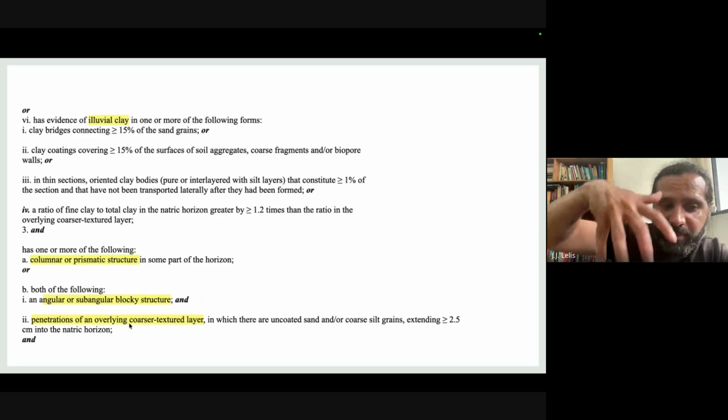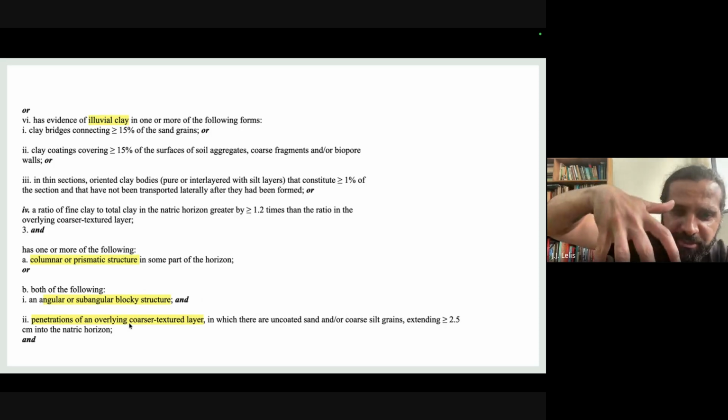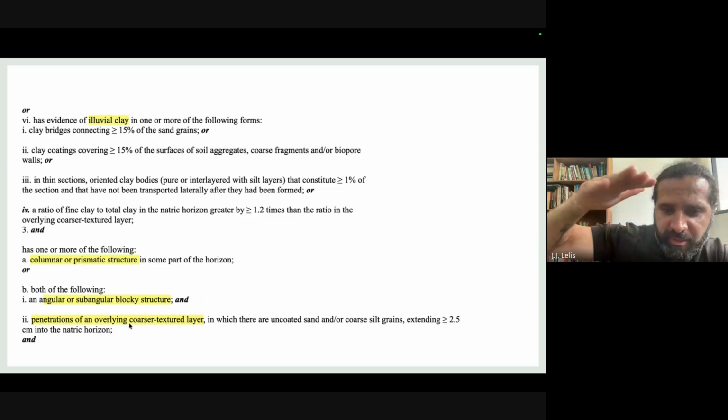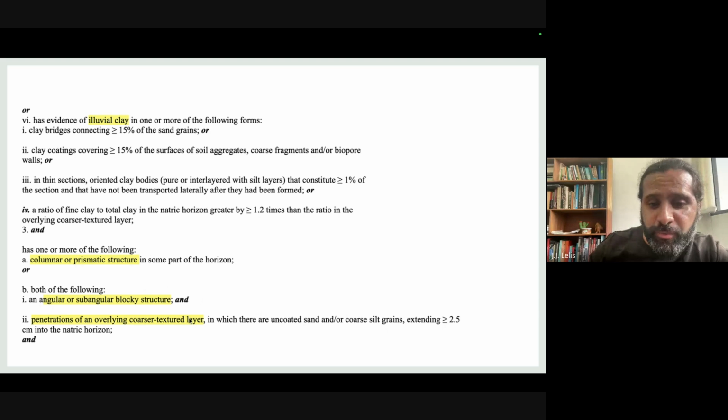So you can see some penetrations of this material into the natric horizon, this coarser texture layer, okay? And they should be uncoated sand or coarse silt grains, okay? If you register this angular or subangular block structure.